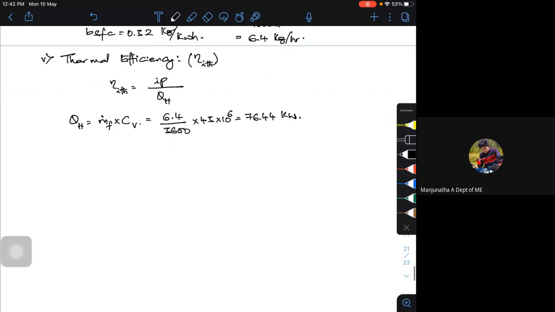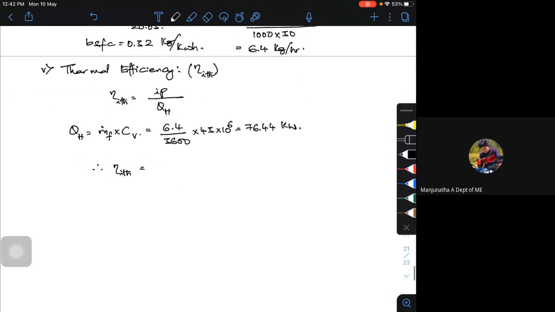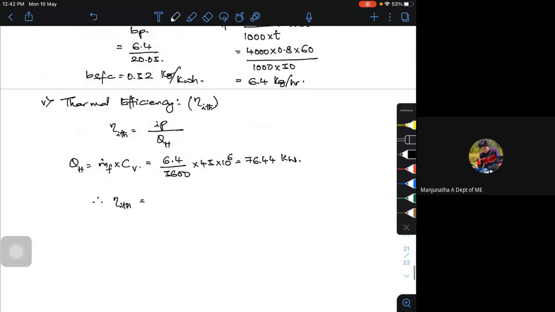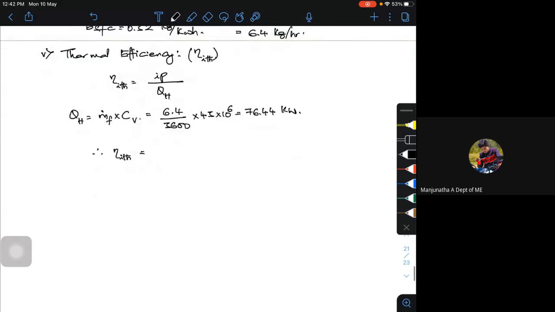Then what is your thermal efficiency in that case? Therefore, your thermal efficiency is equal to your indicated power, 29.16 kilowatts, divided by heat supplied, 76.44.